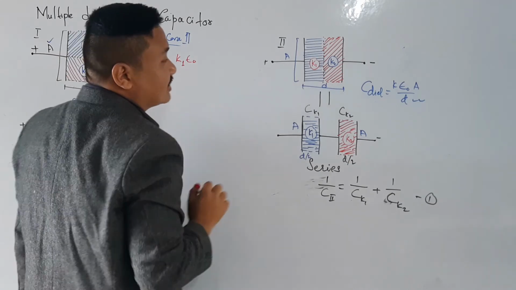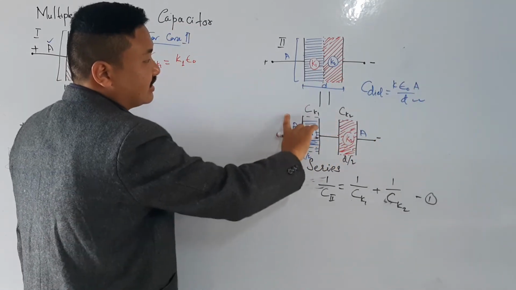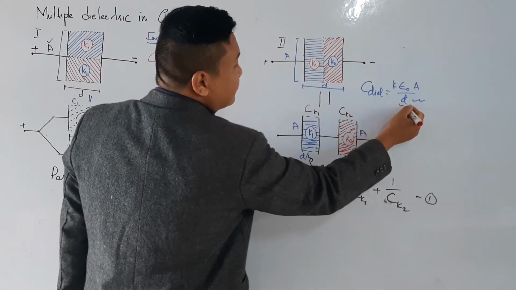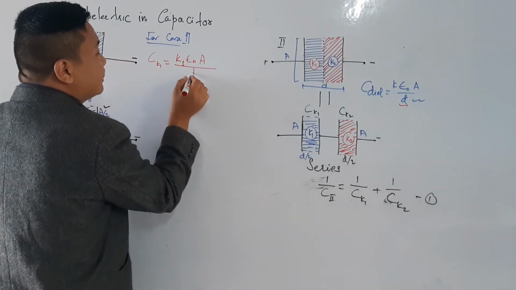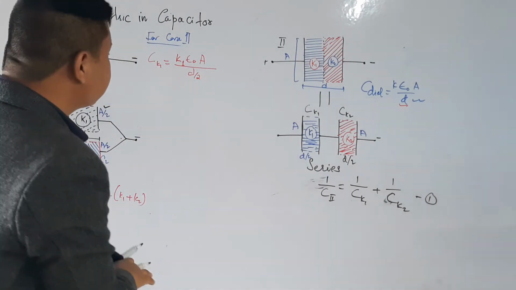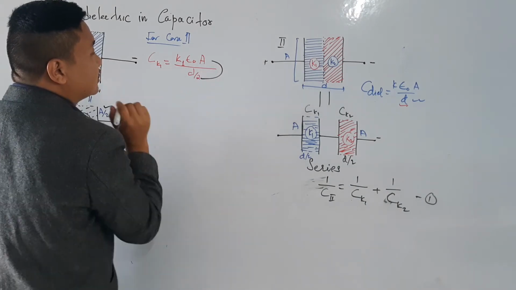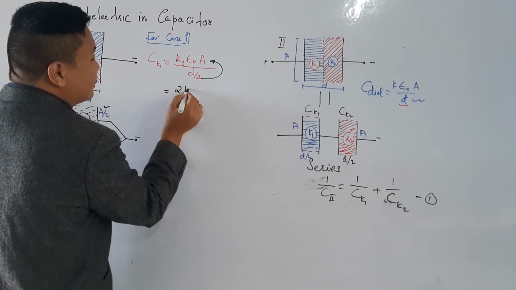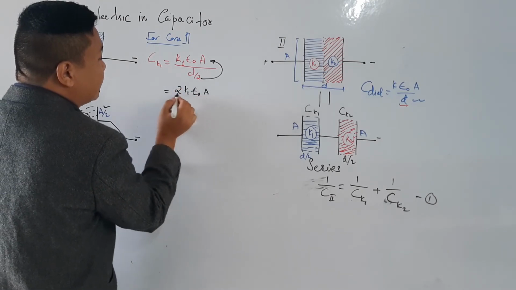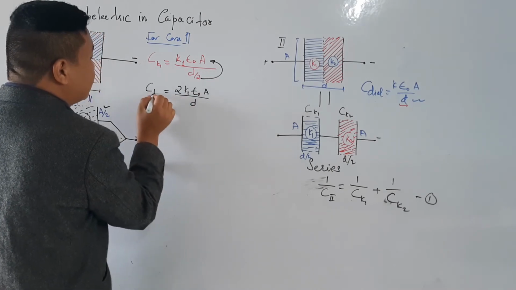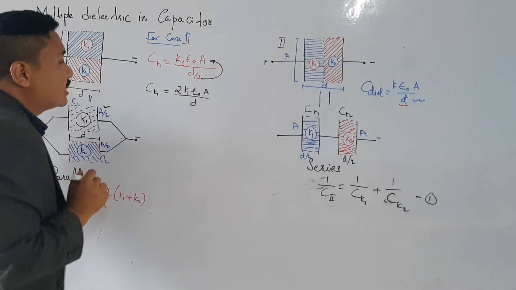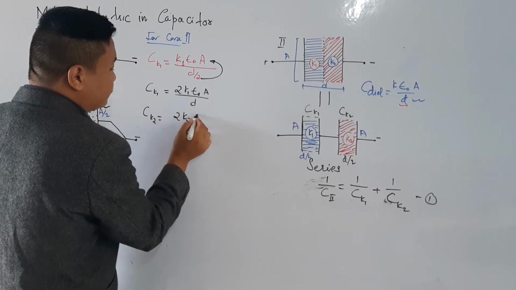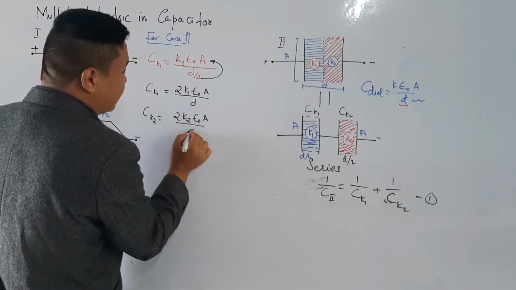Area is not changed, so this is area divided by distance, but the distance is changed. It will become D divided by 2, so this 2 will go here and I will get 2 K1 epsilon naught A divided by D. So this is Ck1. Similarly, Ck2 is 2 K2 epsilon naught A divided by D.